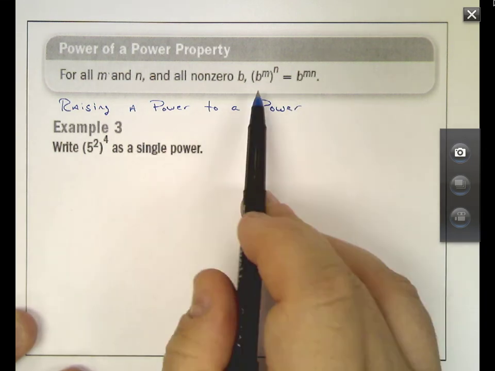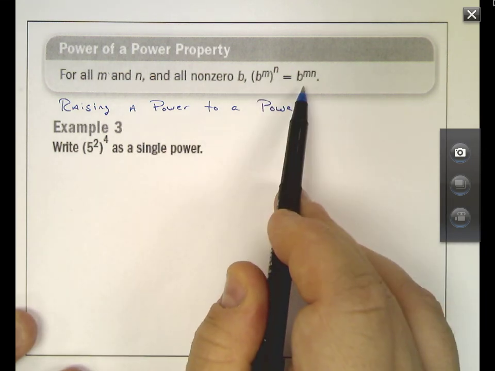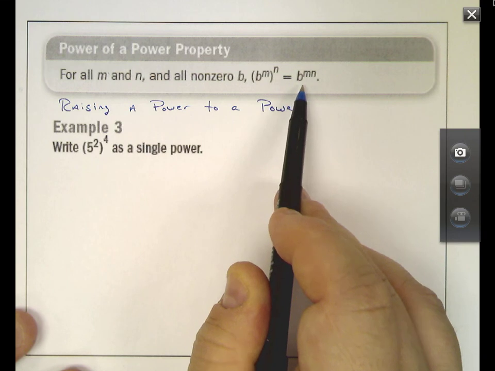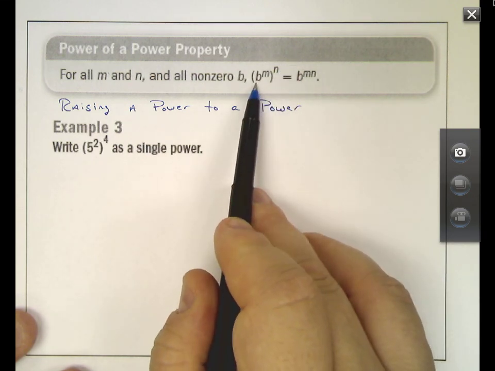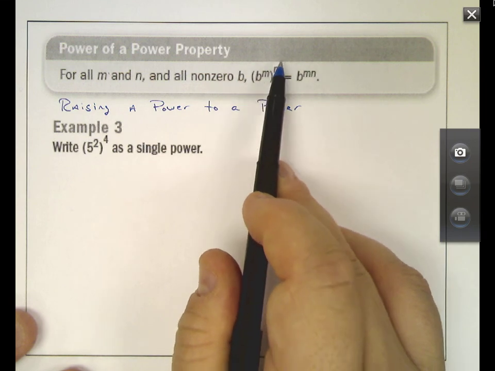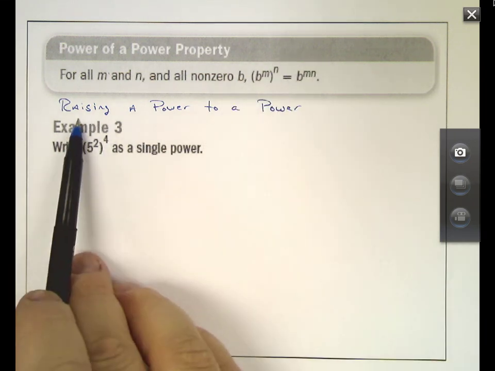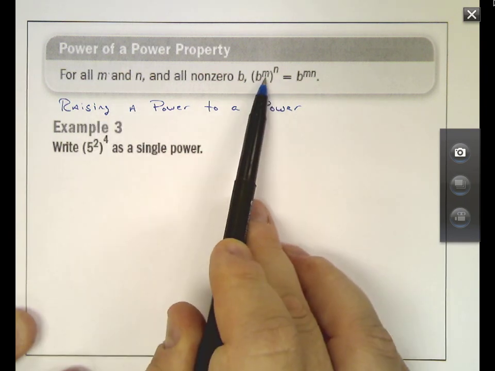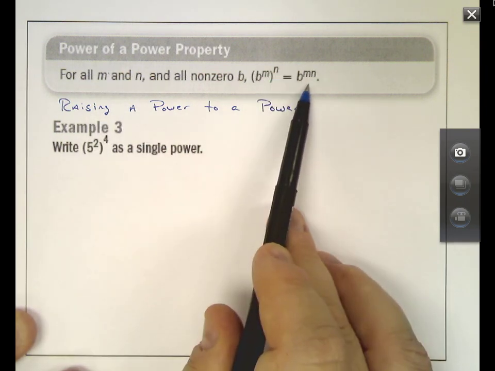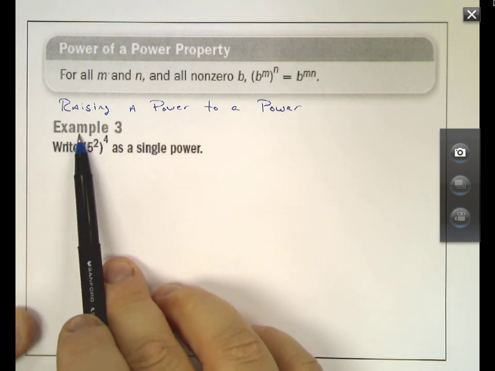Notice the difference. The other one, you had two bases, and they were multiplied together, and then you added your exponents. Here you have one base raised to a power, raised to another power. Hence, raising a power to a power. When you raise a power to a power, you have to multiply your exponents.